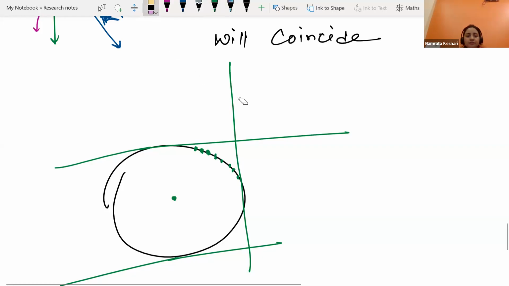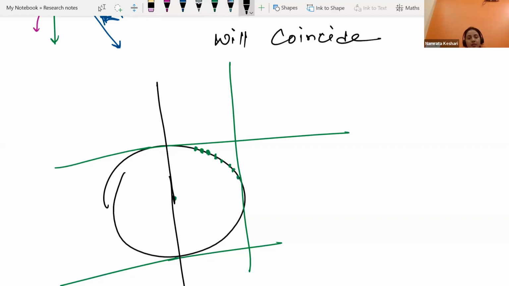No, a secant passing through the radius. Okay, yeah, it can pass through. This is also called a secant, and this is giving us a diameter. The corresponding chord of this secant is called a diameter.